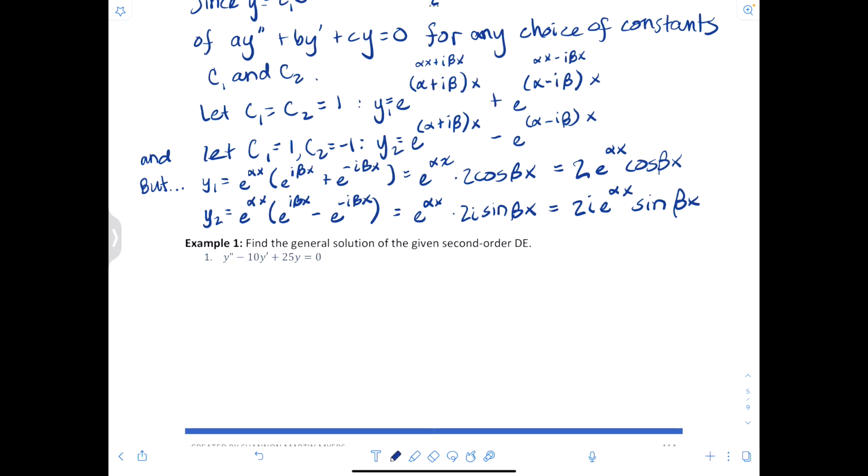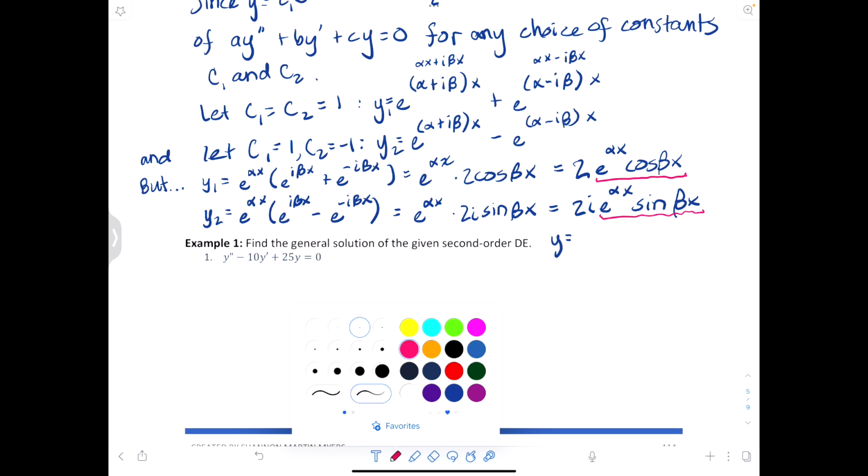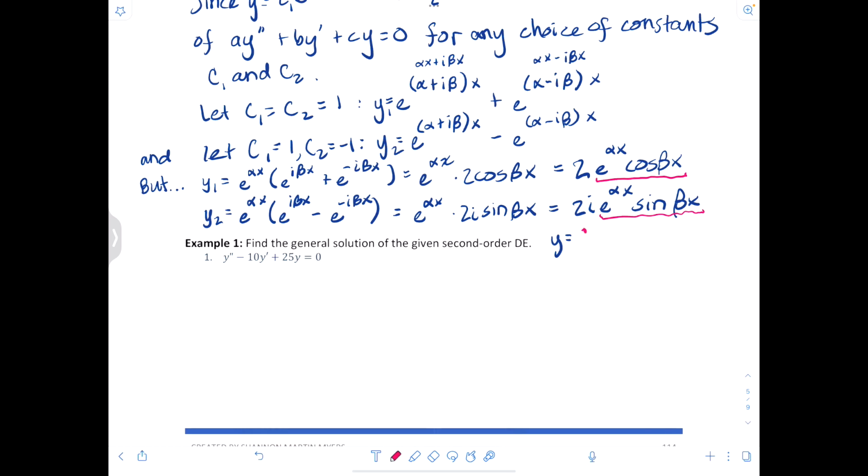So it turns out that y would equal, just taking these parts here and then putting the general constants with them, C1 e to the alpha x times cosine beta x plus C2 e to the alpha x times sine beta x.